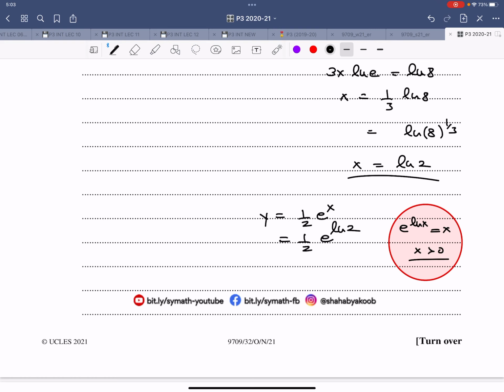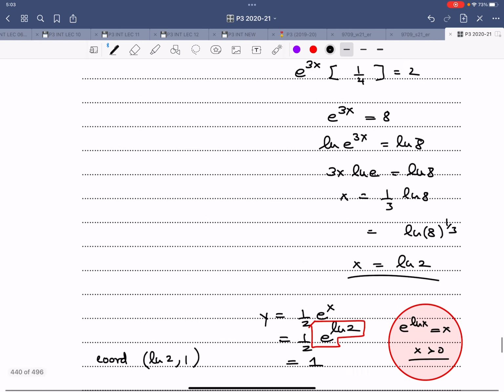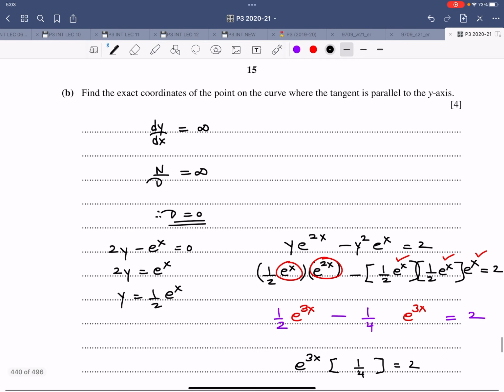So e raised to the power of ln 2 is 2, half into 2 is 1. So the coordinate is (ln 2, 1). That completes this question. Question number 9 is done. They're asking for the coordinates, so write in the proper format.